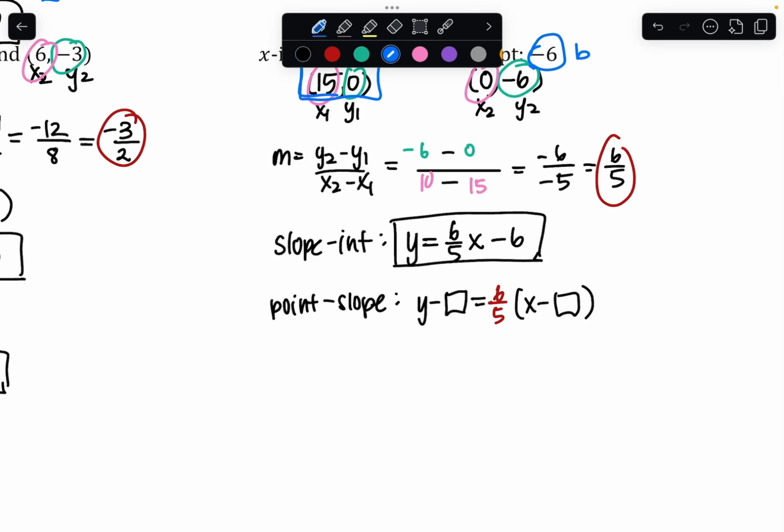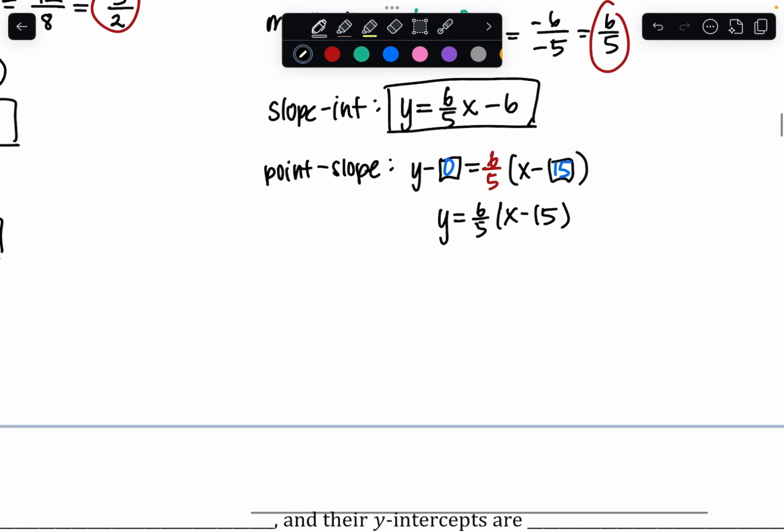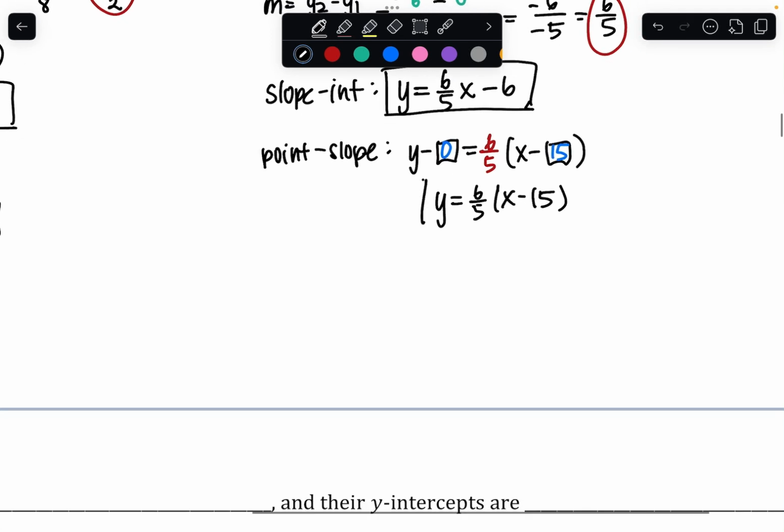Okay, and so our x-coordinate is 15 when our y-coordinate is 0. Simplify that, we get y equals 6/5 x minus 15. For point-slope form, we leave parentheses, so don't distribute. You'd get right back to slope-intercept form. The only time you get rid of the parentheses is if you have a -0 situation.